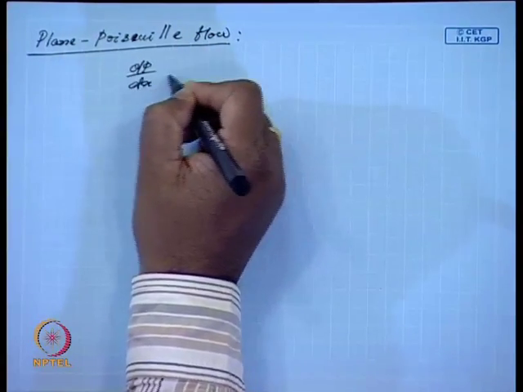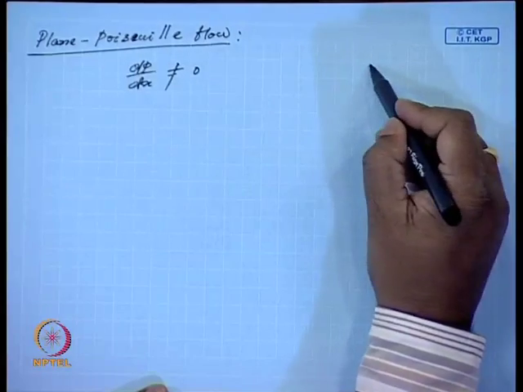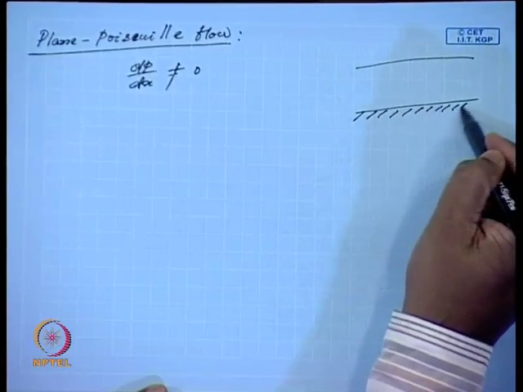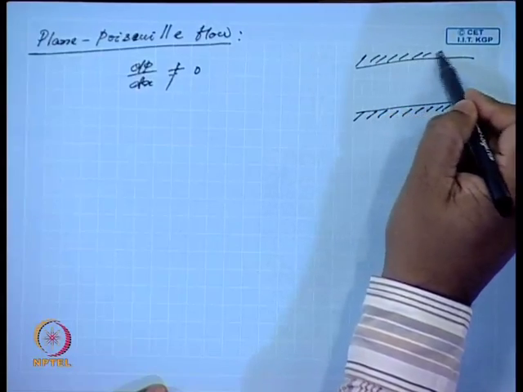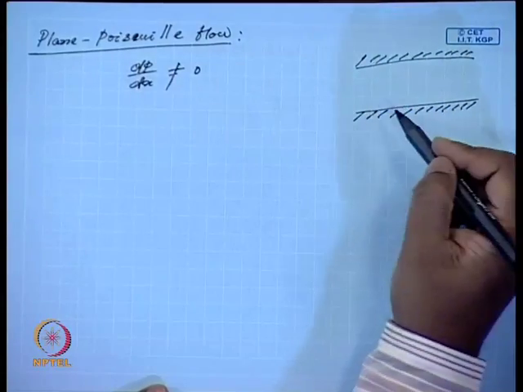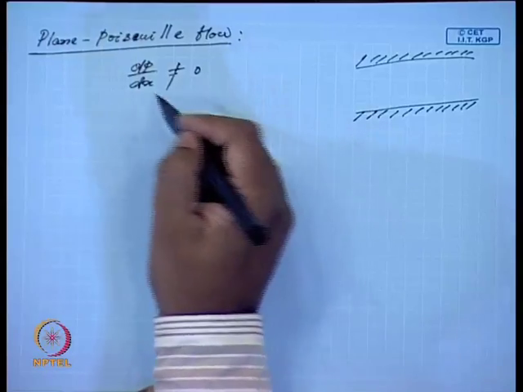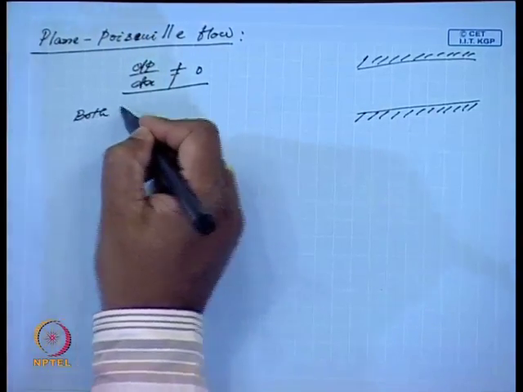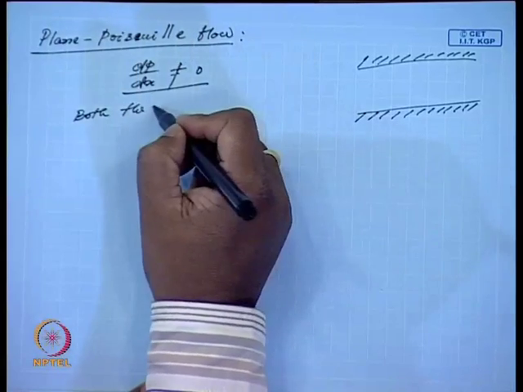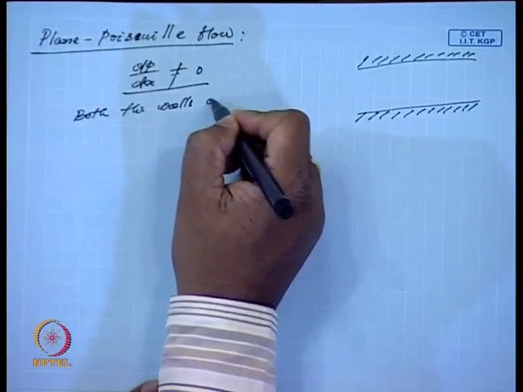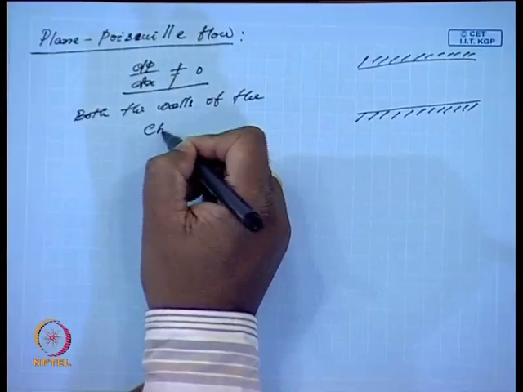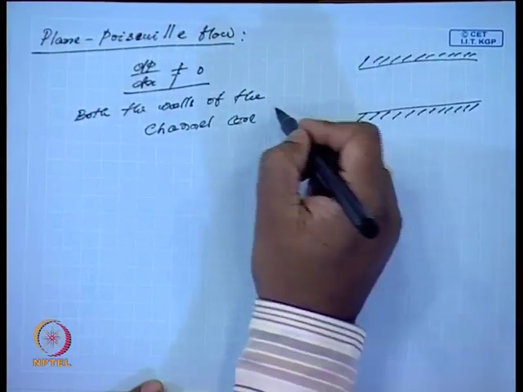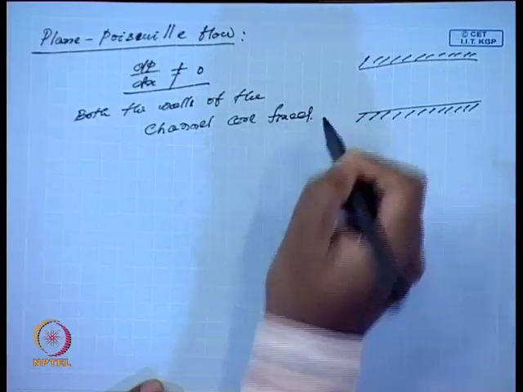It is again the flow between two channels, and the pressure gradient dp by dx in this case is non-zero. Further, both the walls are fixed, that means none of them are moving.